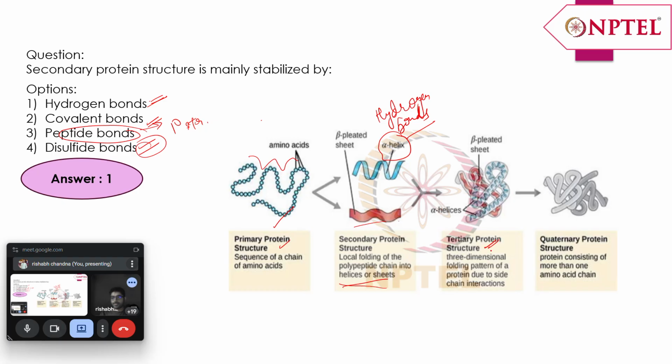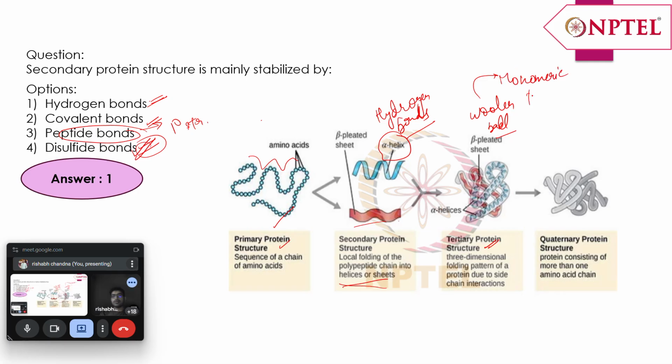This is due to the side chain interaction of the different amino acids, including the disulfide bond formed from the cysteine residues. This is the most stable structure for monomeric proteins.